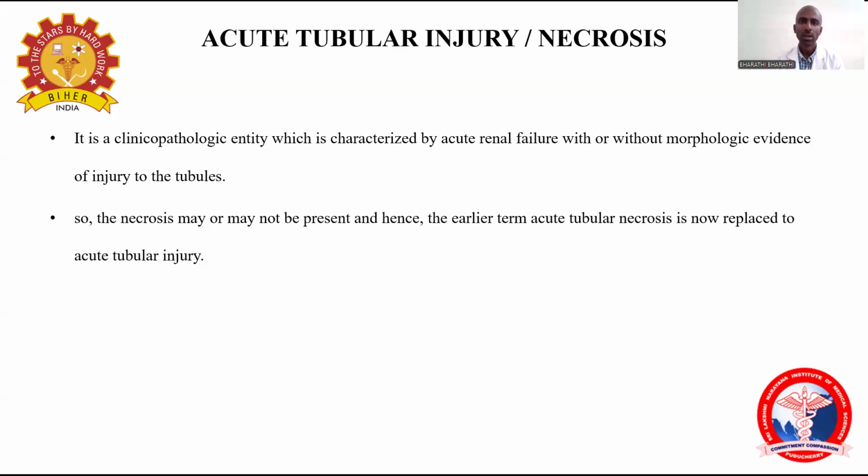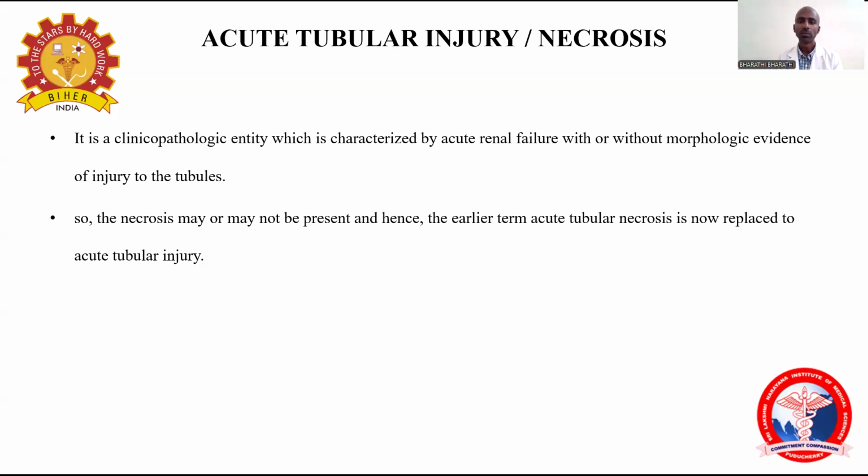So now we'll see about acute tubular necrosis or injury. Nowadays, we are not using the term necrosis. Why? We'll see in the following slides. First, is this a clinical diagnosis or a pathological diagnosis? Actually, it is a clinicopathological entity. It is characterized by acute renal failure with or without morphological evidence of injury to the tubules.